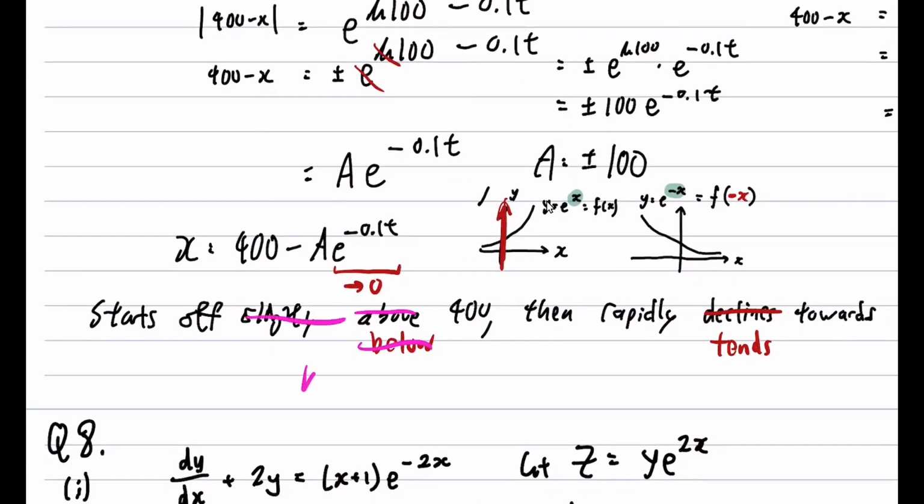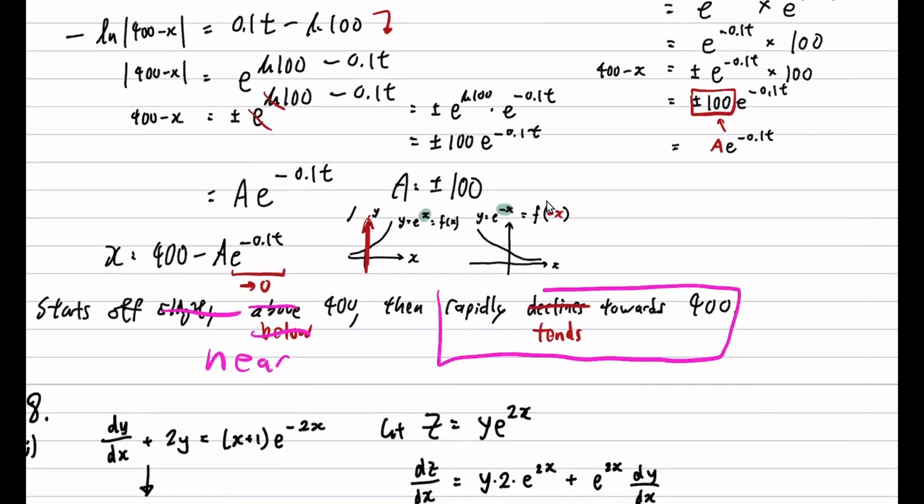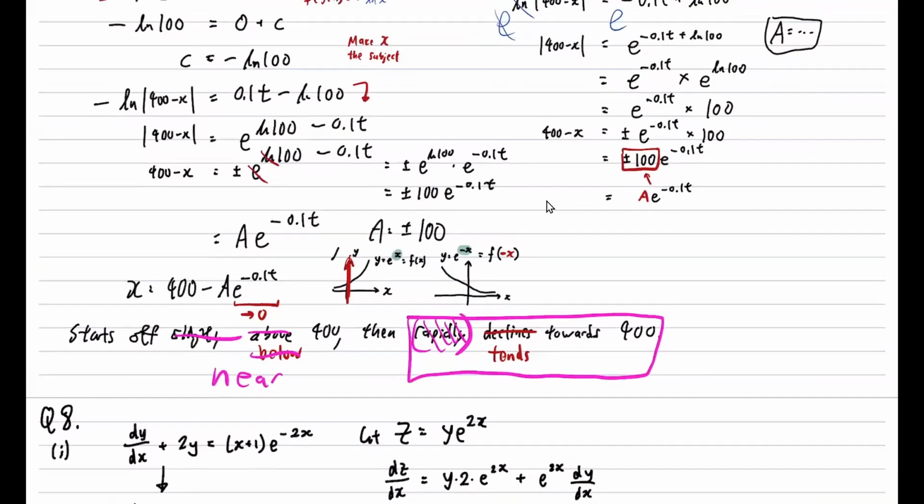Then it tends towards 400. This is the main point. I don't even need the rapidly, that's extra. Tends towards 400, that's the main point. Yes, the population of the ants will become 400,000.